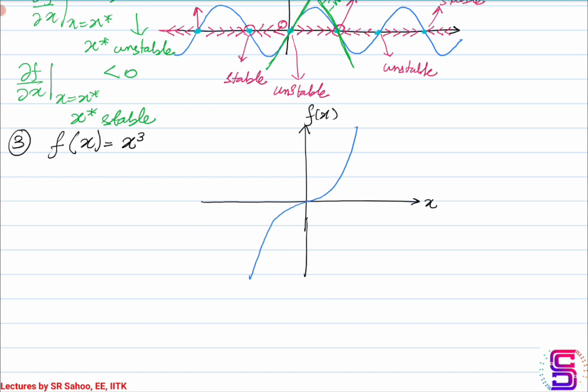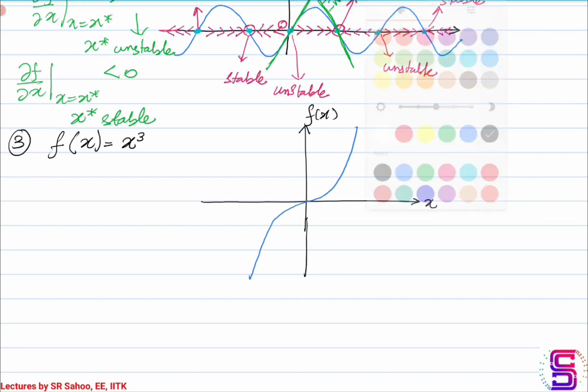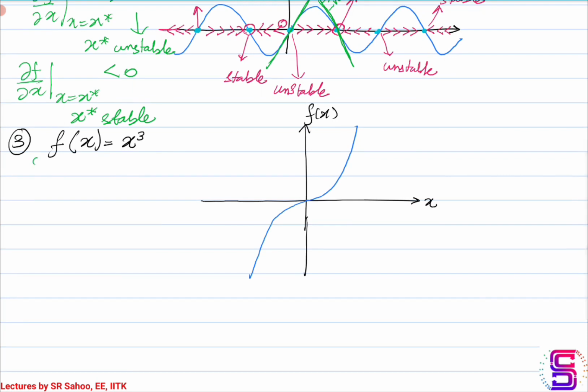Okay, so what is the slope? For that we have to see what is the equilibrium point. So x equal to 0 is the equilibrium point, and del f by del x evaluated at x equal to 0 is 0. So the slope here is 0, which is also evident from the graph.